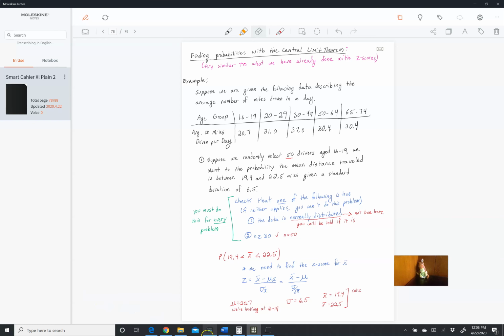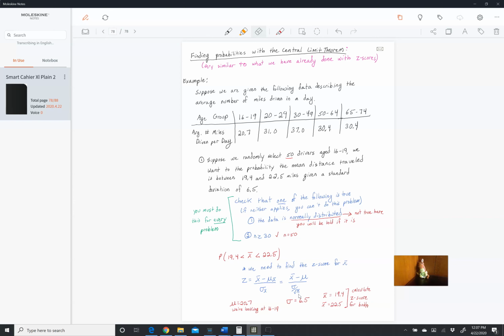This is calculating the probability that something falls within an interval, just like what we did in the previous lecture. This is a repeat. The only difference is that we have to take our sigma and divide by the square root of n. So let's continue.